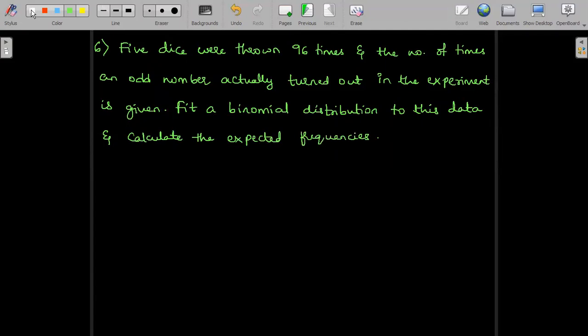So first let us analyze the given question. So 5 dice were thrown 96 times, and the number of times an odd number actually turned out in the experiment is given for us. I need to still write on the table.